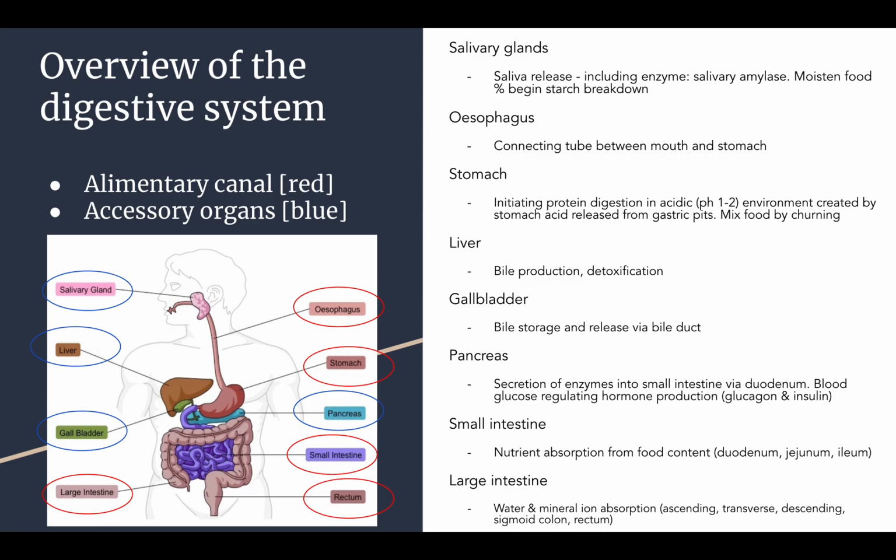When food enters the small intestine from the stomach, bicarbonate ions are released into the small intestine to neutralize the stomach acid, to make it more alkaline or neutral, to provide a suitable pH range for the enzymes in the small intestine.